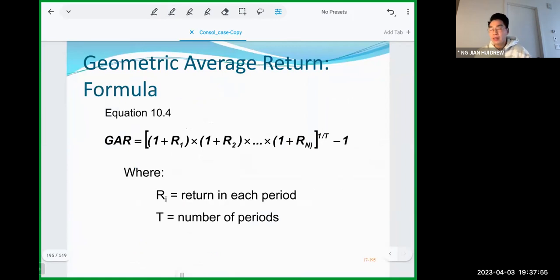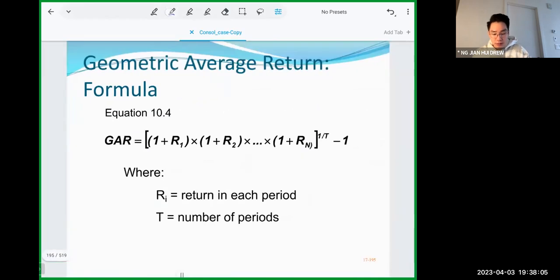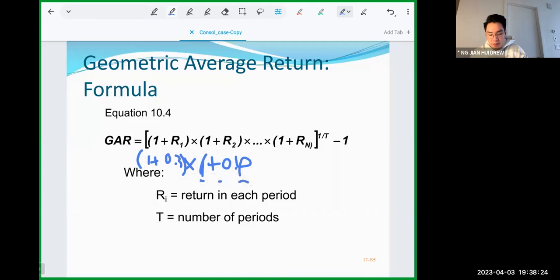How we calculate a geometric average is relatively straightforward. We just put 1 plus the returns. So the returns can be, let's say, 0.3, so 1 plus 0.3, times 1 plus the next return, say 0.4, etc. Then we need to put it to the power of 1 over t, not really a square root, and then minus 1.